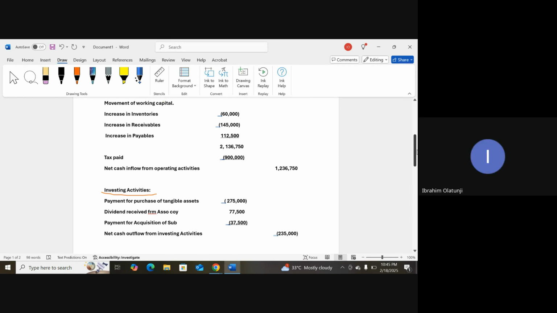Yes. So these are the things that you will see under your financing activities. And probably the dividend paid to shareholders, the dividend paid to non-controlling interest, the finance lease obligation. So these are your financing activities.